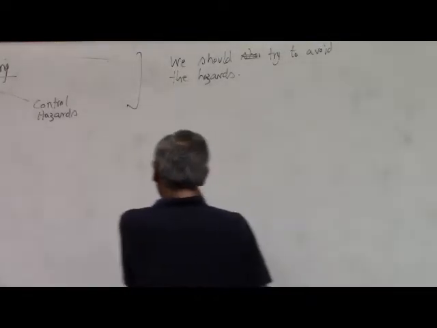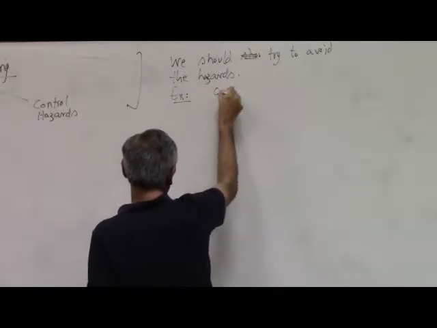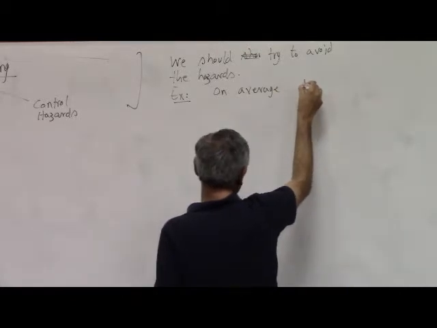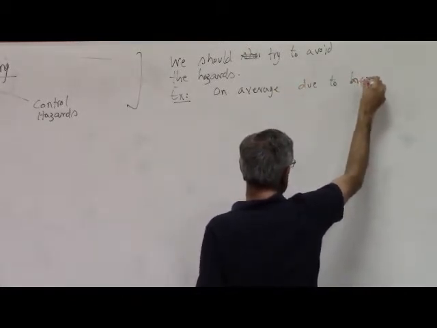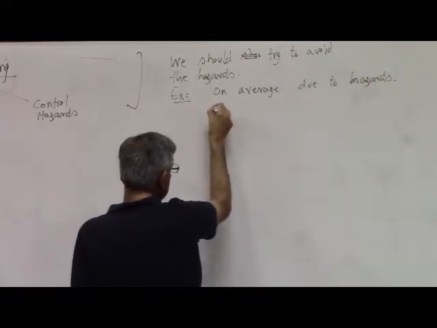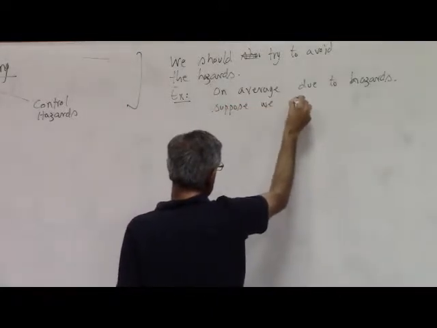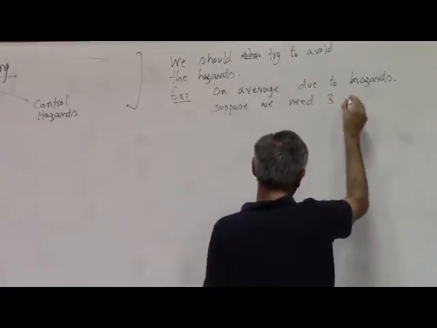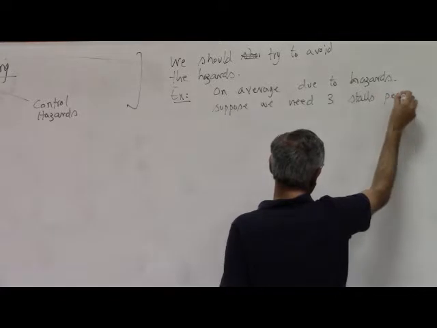So for example, let's say on average, due to hazards, suppose we need three stalls per instruction.